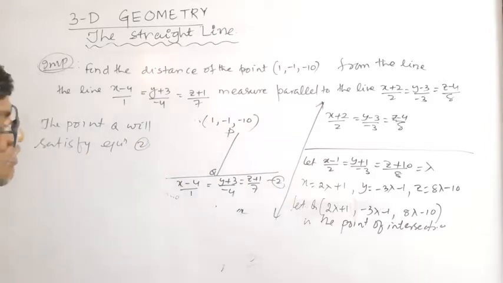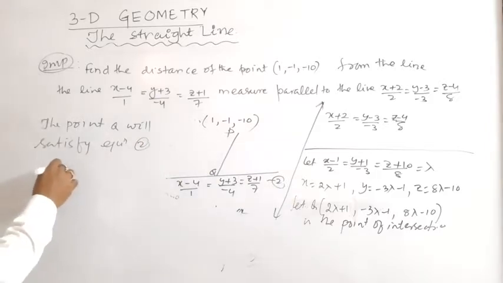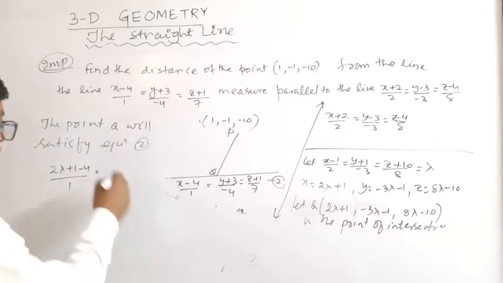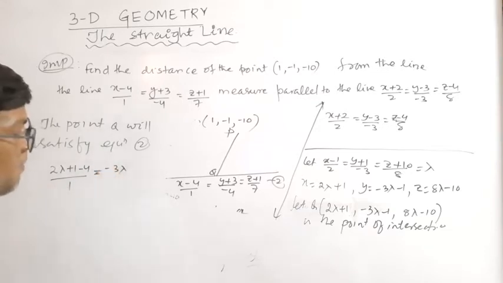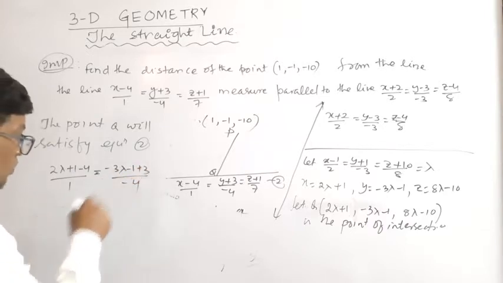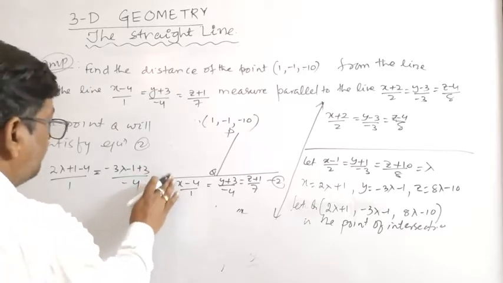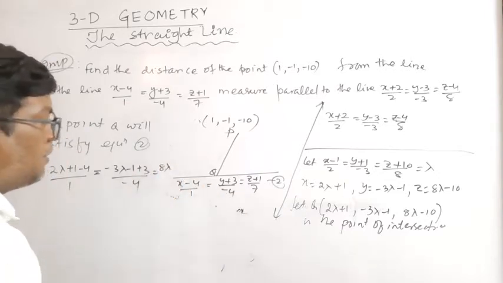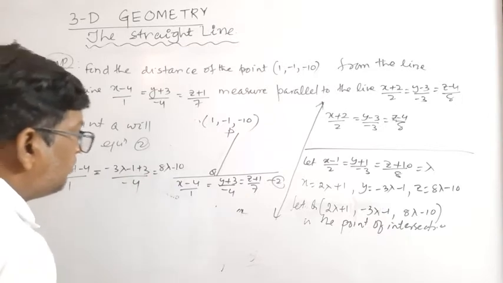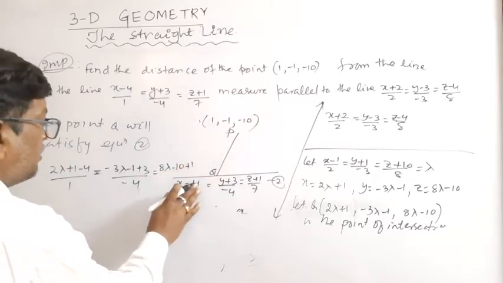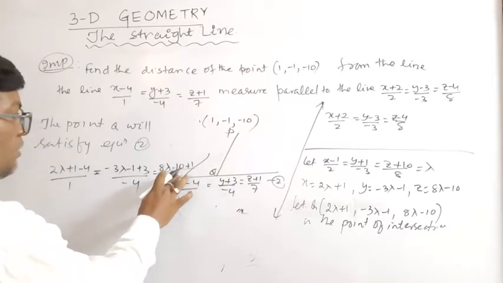So x means 2 lambda plus 1, and (2 lambda plus 1 minus 4)/1 is equal to (minus 3 lambda minus 1 plus 3)/(minus 4), which is equal to z, that is 8 lambda minus 10 plus 1, divided by 8.